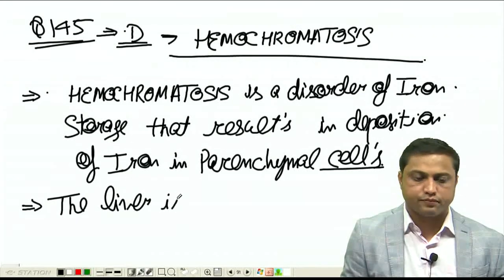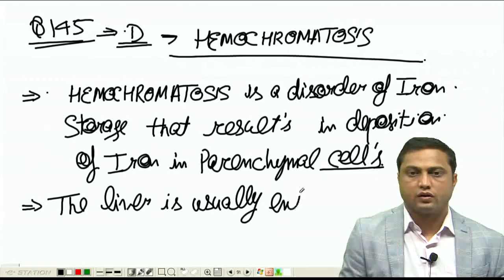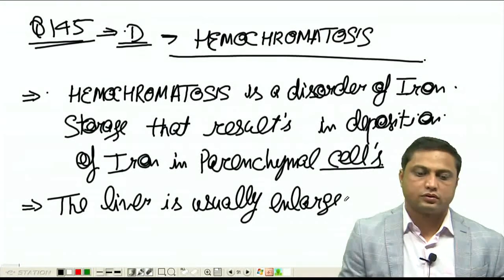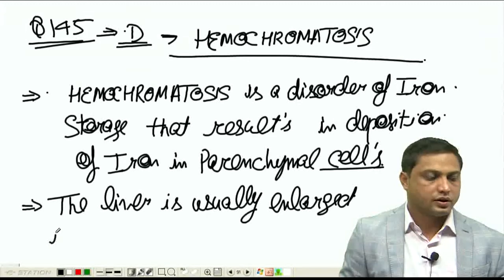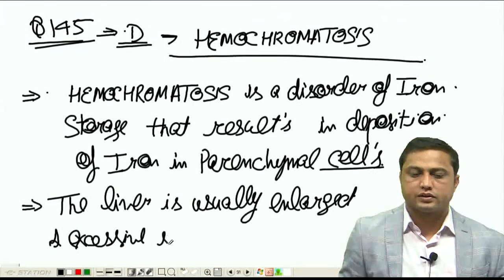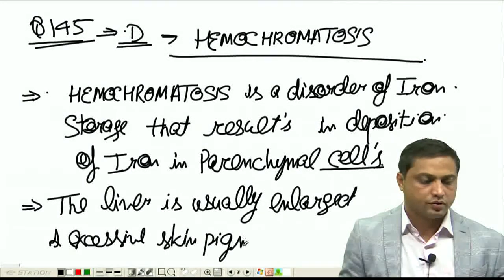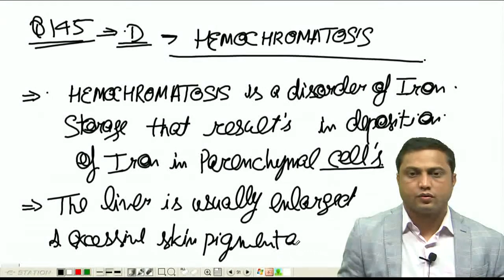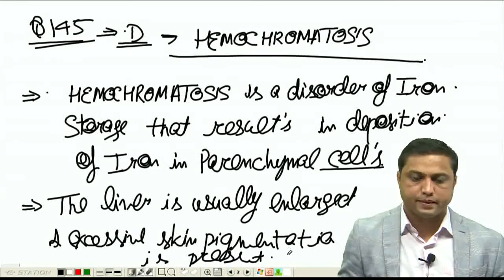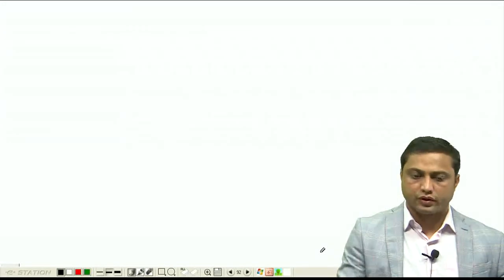The liver is usually enlarged and excessive skin pigmentation is seen. Pigmentation is present in symptomatic patients at the time of diagnosis.